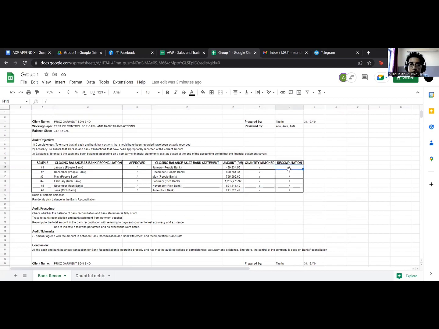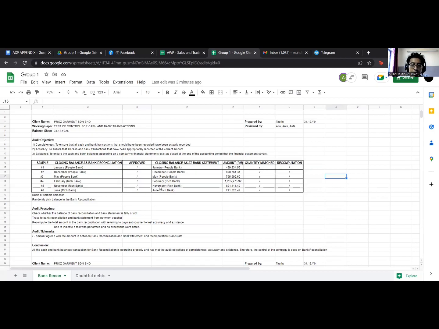The recomputation that I've done is by using the function of Microsoft Excel or Google Sheet, and it is found that the amount here and my recomputation are matched. Now the audit tick marks, I will explain it.